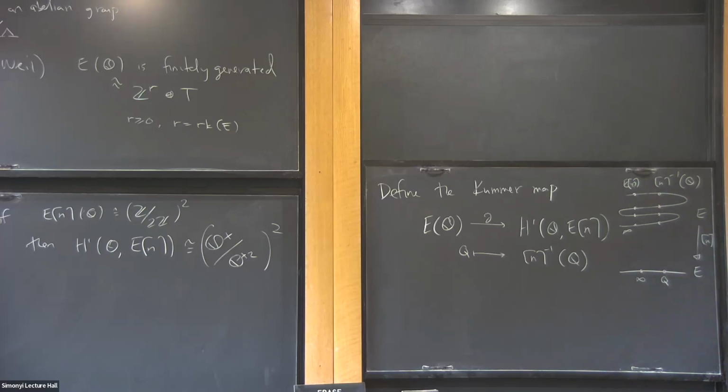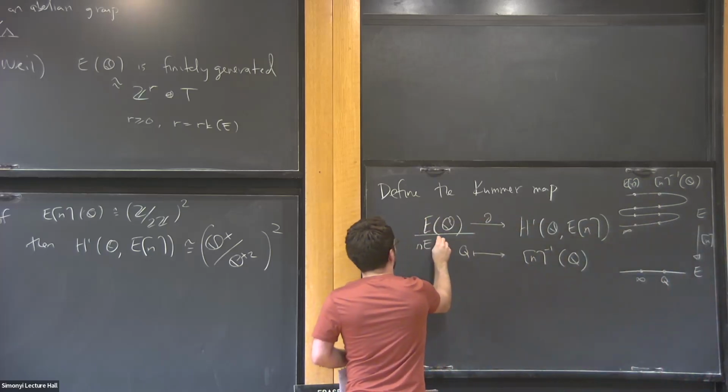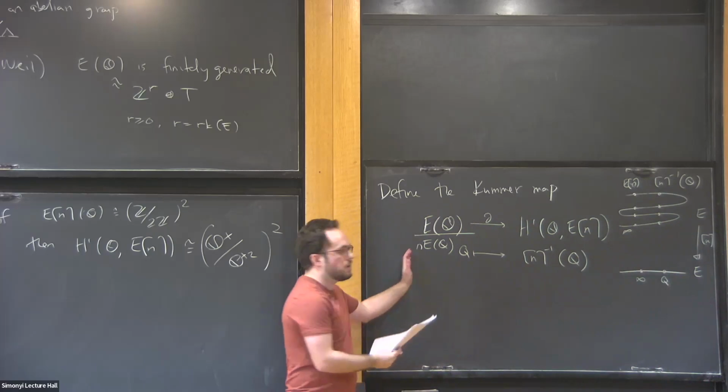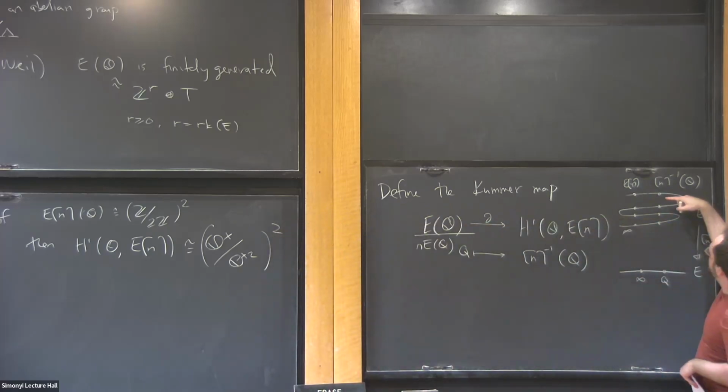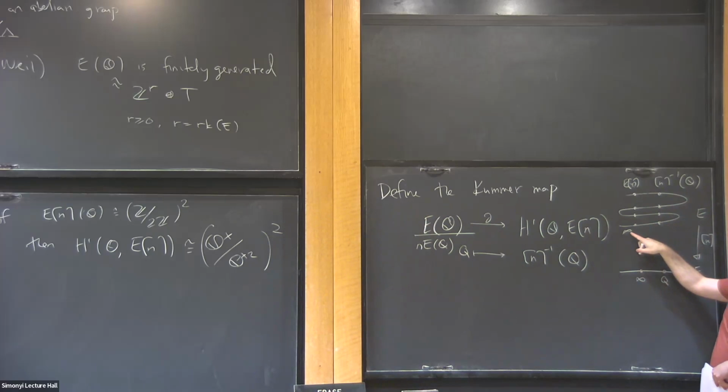Okay, and now we stare at this for a little bit. First we observe that, in fact, this factors through E(Q) mod nE(Q), because if Q is a multiple of n, it means that one of these points is rational. And that means that it's the trivial torsor, because once you have a rational point, then by sending infinity to that rational point, you get an isomorphism between the trivial torsor and this torsor.